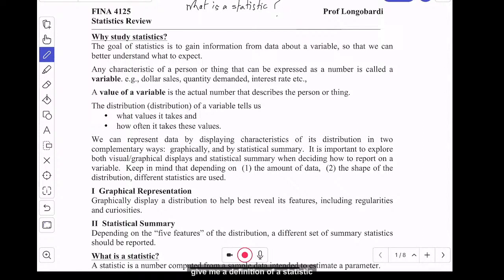Give me a definition of a statistic and an example. So I'm speaking in general terms, and then I'm going to spend next week focusing on finance, obviously.